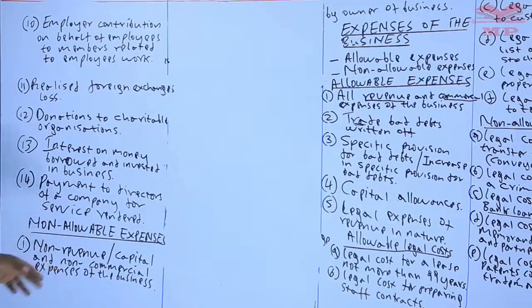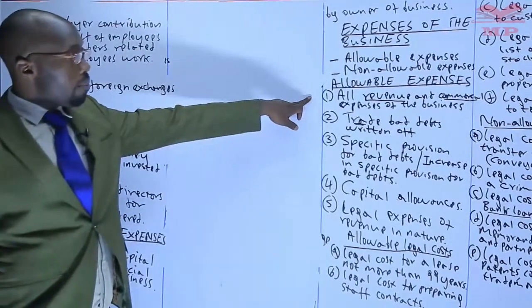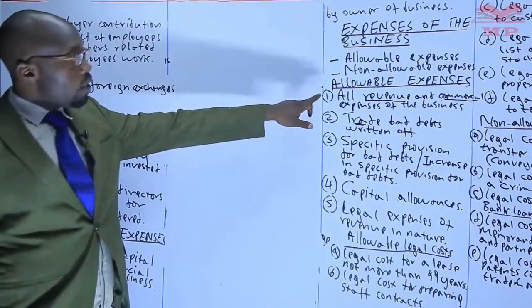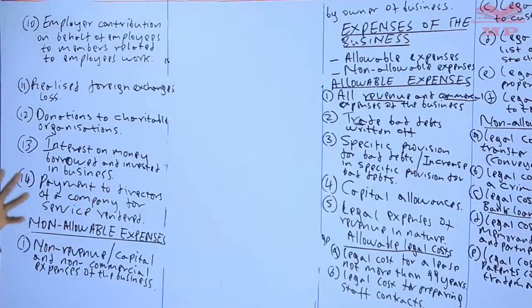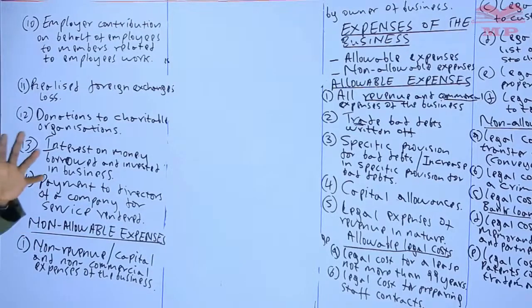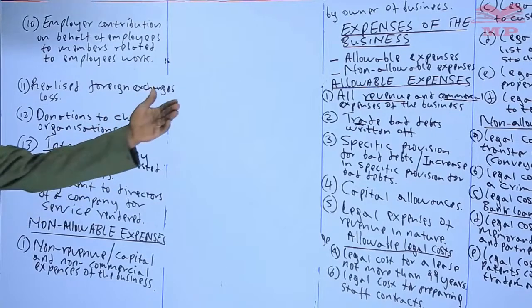This is actually the opposite of what we saw in the allowable number 1, where we said all revenue and commercial expenses of the business are allowable. And we explained, and we said these are 2 broad terms. Same case here. When we talk of non-revenue or capital, these are expenses of the business where the benefit is realized over a long period of time.